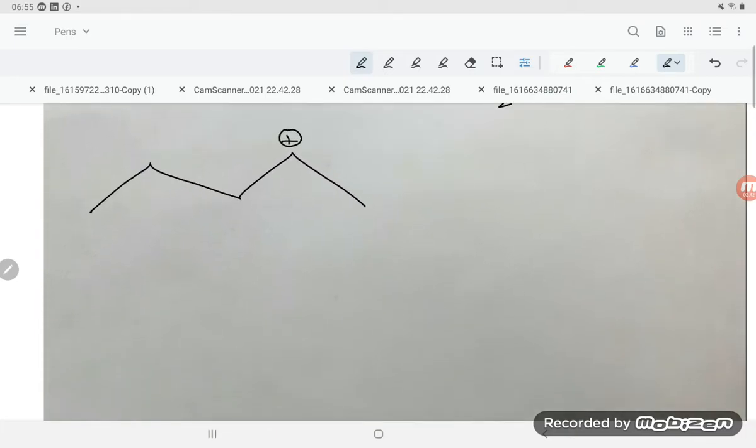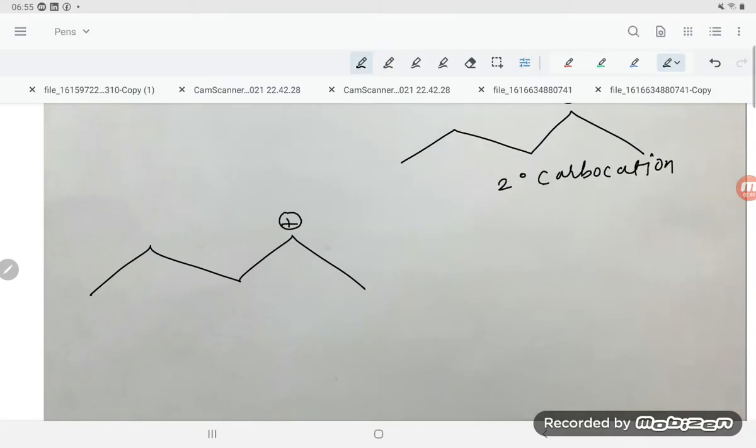Because we have to treat with the HSO4 minus, so what is happening, students? This is the CH3 group. Here is hydrogen, here is hydrogen, here is hydrogen, here is the CH2 group, means here is hydrogen is there.